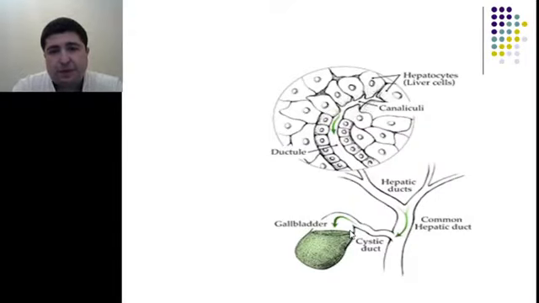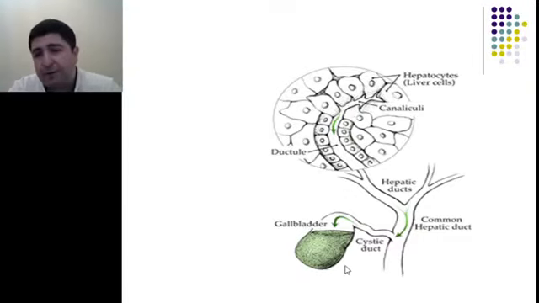On this picture you can see liver cells, hepatocytes. They form bile, which goes to the hepatic duct, then to the gallbladder, where it accumulates.